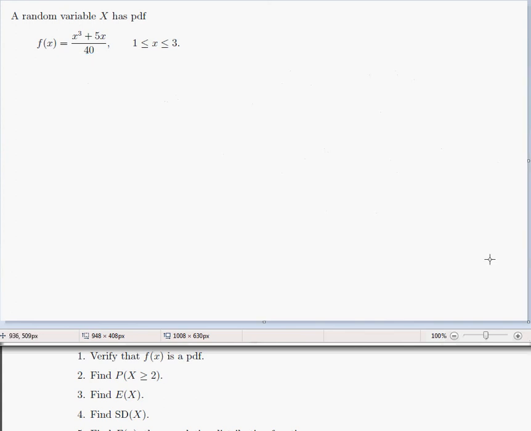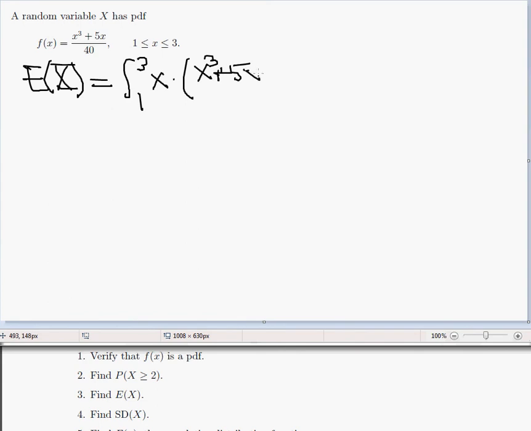Okay, the next part of the problem asks us to find the expected value of x. To get the expected value of x, that will be the integral from 1 to 3 of the PDF times an extra x. So x cubed plus 5x, all divided by 40, dx.